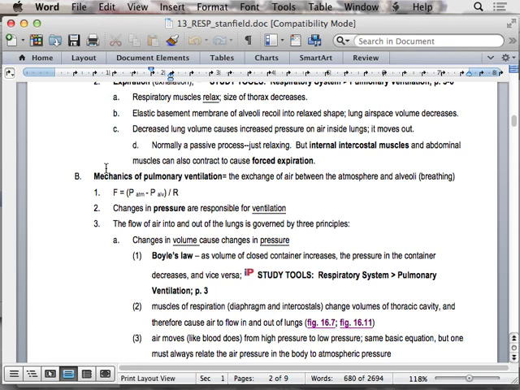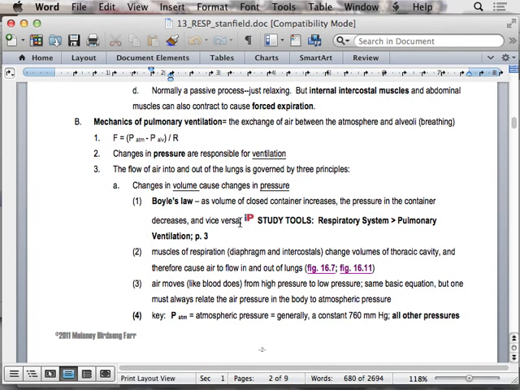So if the atmospheric pressure is bigger than the alveolar pressure, then you're going to breathe in, right? And if the alveolar pressure is bigger than the atmospheric pressure, then it's going to move out, right? And the resistance will be things like size of the tube, is it gunked up with mucus, those kinds of things. And also the stretchiness of the lungs as well. Conceptually, you kind of understand? Okay, so it's the changes in pressure that are going to be responsible for ventilation.